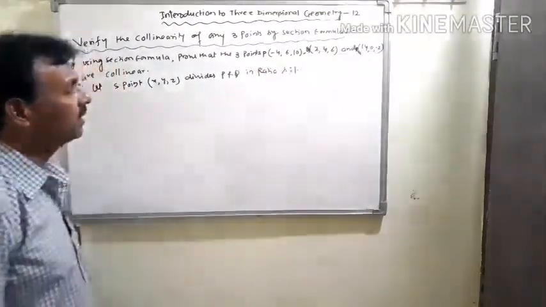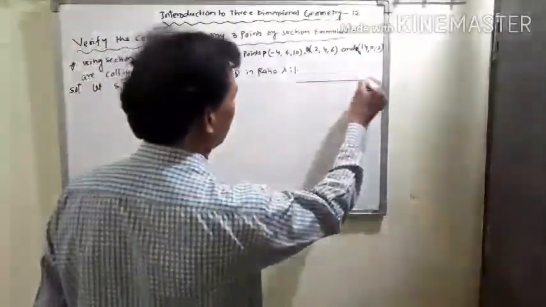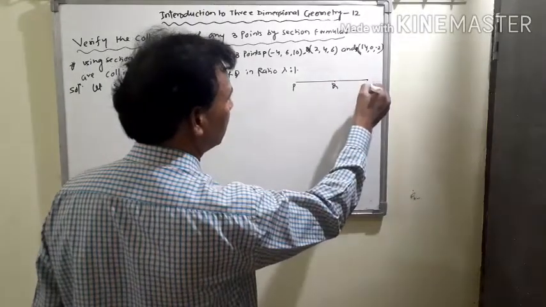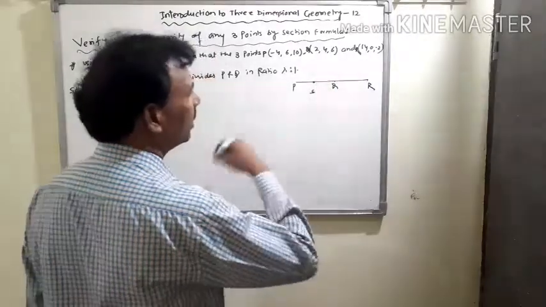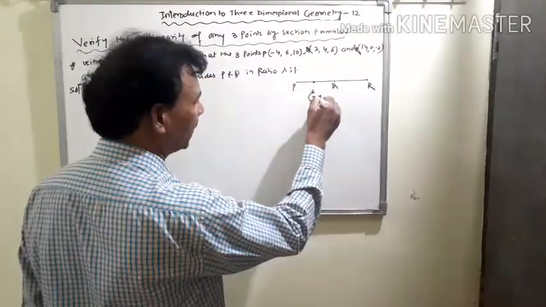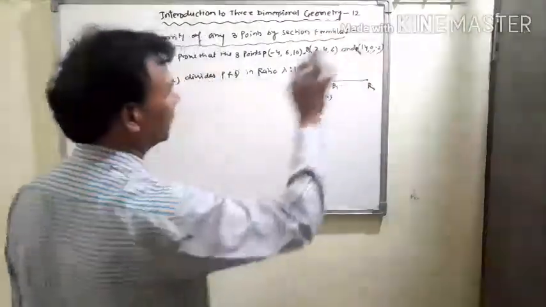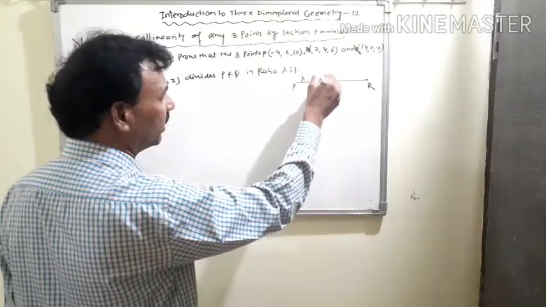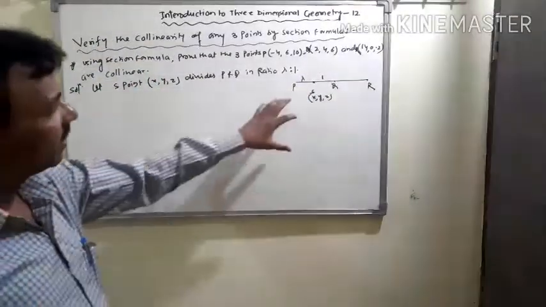We consider this is P, this is Q and this is R. We suppose any point S whose coordinates we take as x, y, z, and the coordinates of P, Q, R are given here. This point divides PQ in the ratio lambda is to 1.